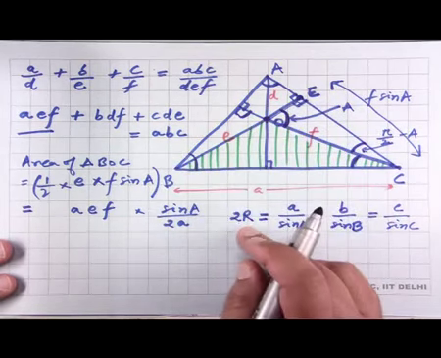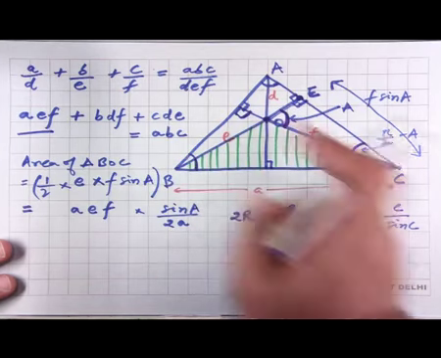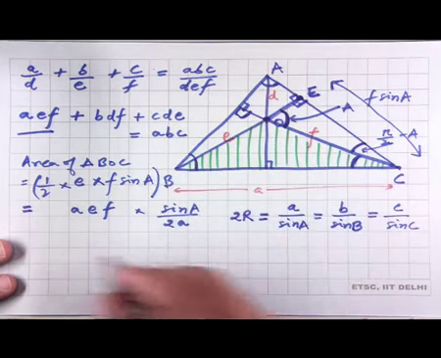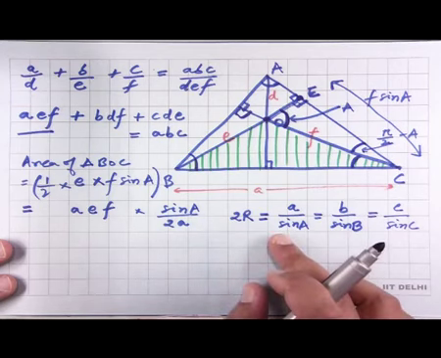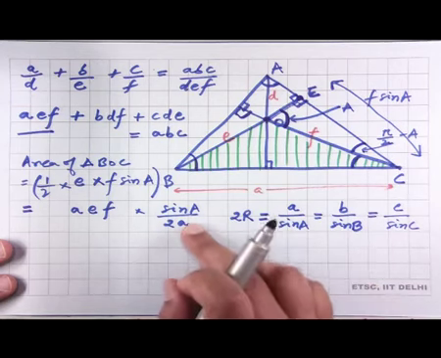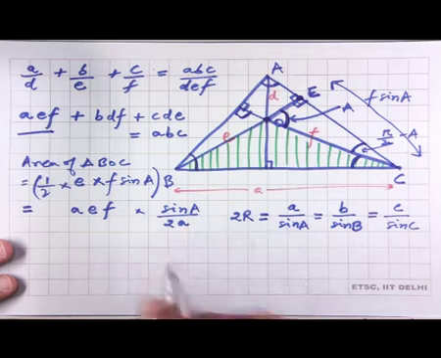So, R is the radius of the circumcircle of this triangle ABC. So, from here we see that sine A over 2A.